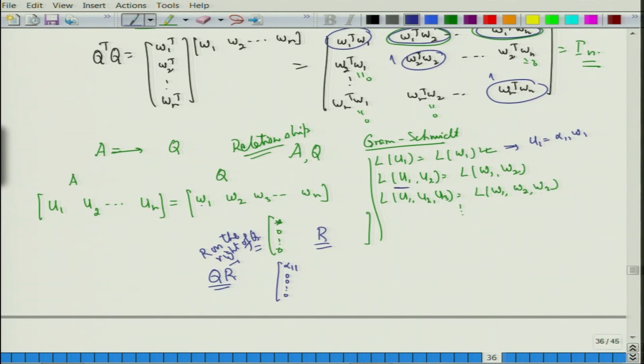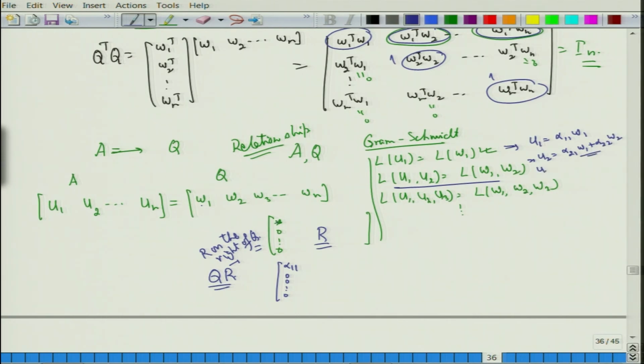Now U2 is a linear combination of W1 and W2: U2 is some alpha 21 times W1 plus alpha 22 times W2.